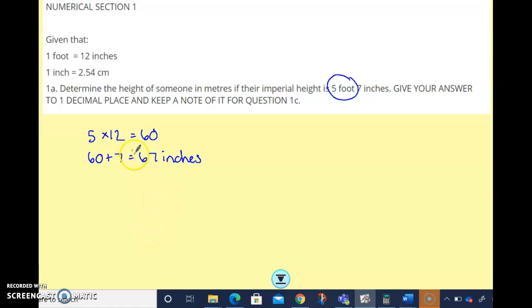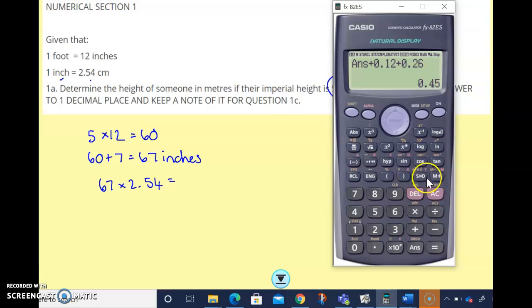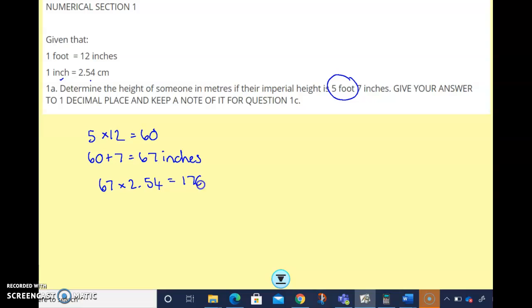Now we need it in metric, not just in inches. We're told that 1 inch is 2.54 centimetres, so we need to times that by 2.54, which is 170.18.